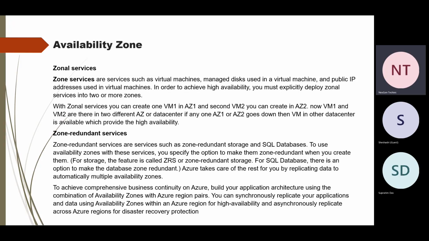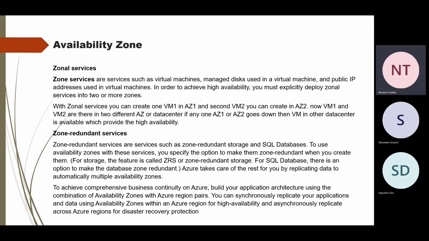You have configured HANA database HSR, with the primary database in AZ1 and the secondary HANA database in AZ2. HSR is enabled, and your data is replicating from one location to another using the HANA replication methods.